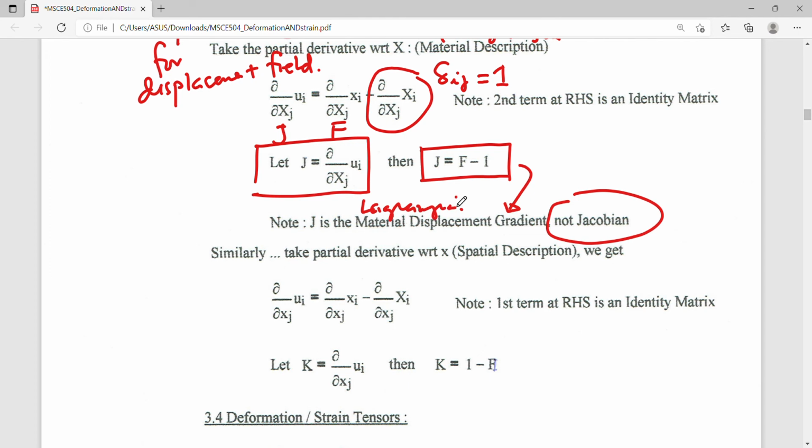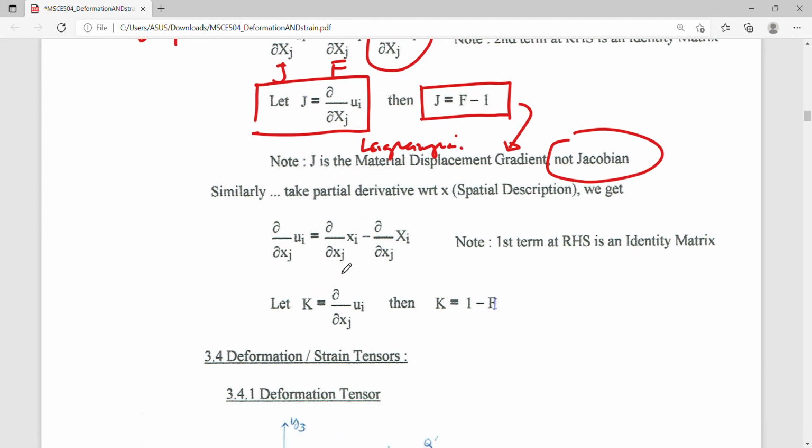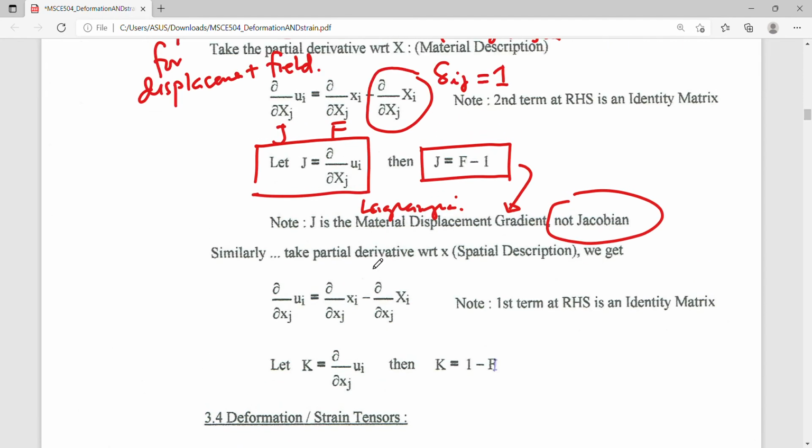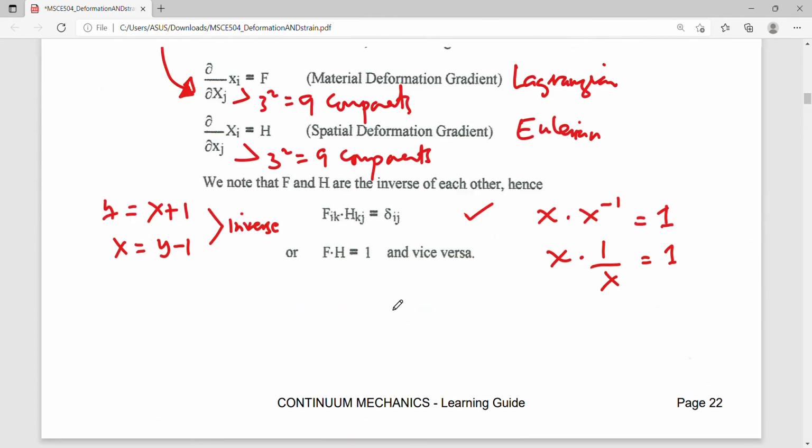So similarly, if we take the partial derivative with respect to the small x, it will just be changing in terms of this part here. This becomes small x. So the number 1 or the Kronecker delta will fall on the first term here, and this becomes your h, okay, as defined here above.